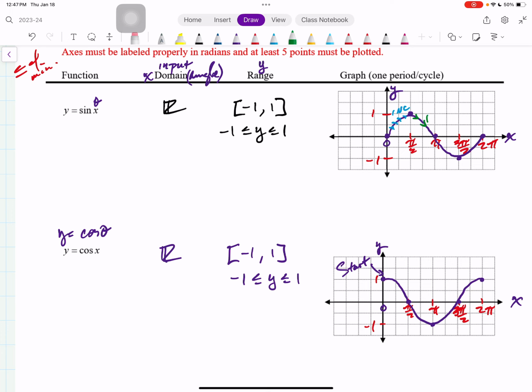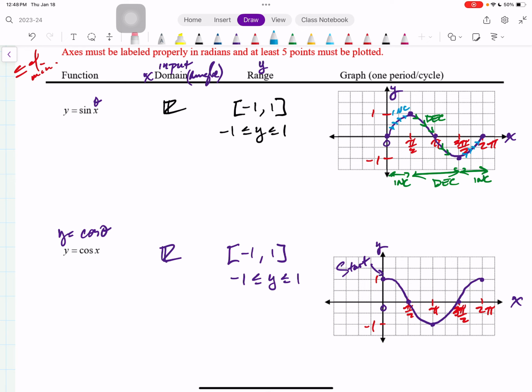So here it starts decreasing, DEC, from pi halves all the way to 3 halves pi. So from here to here, it's decreasing. And then here, between 3 halves pi and 2 pi, it's increasing again because it's going up as opposed to down, right? The y values are getting bigger.